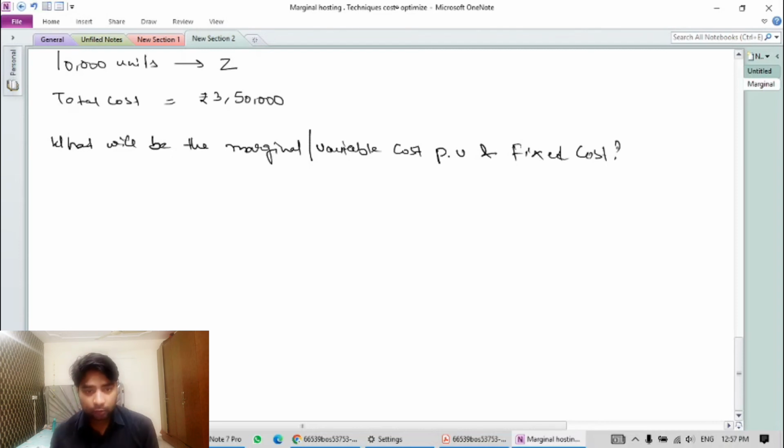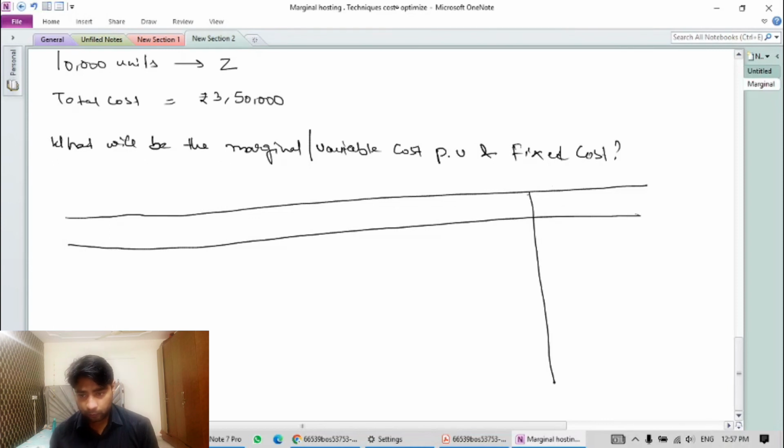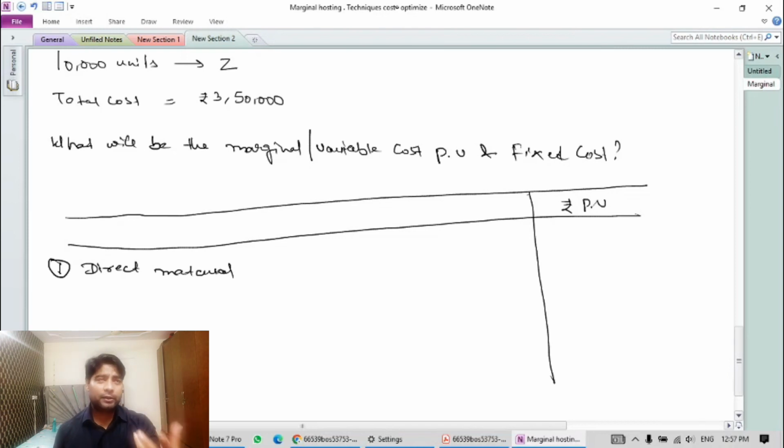So let us create a proforma, in rupees per unit. What was the first cost? Sir, the first cost is direct material. So direct material, you tell me, is direct material a variable cost or a fixed cost?